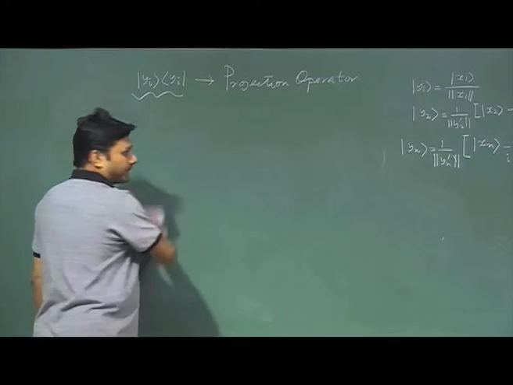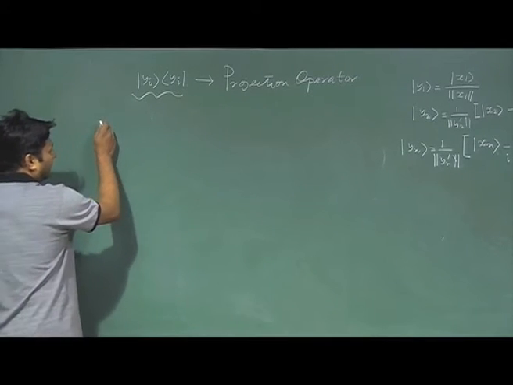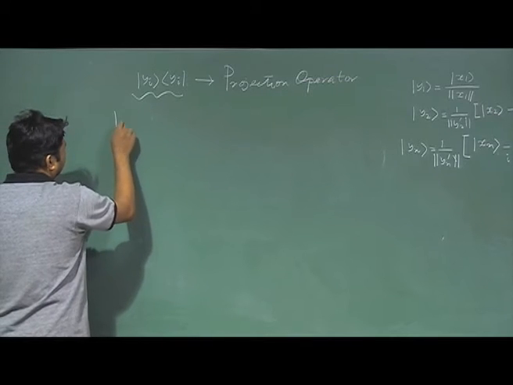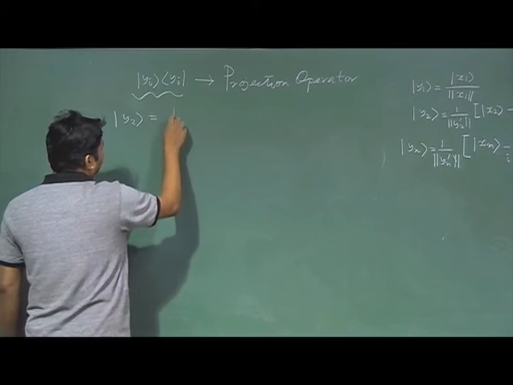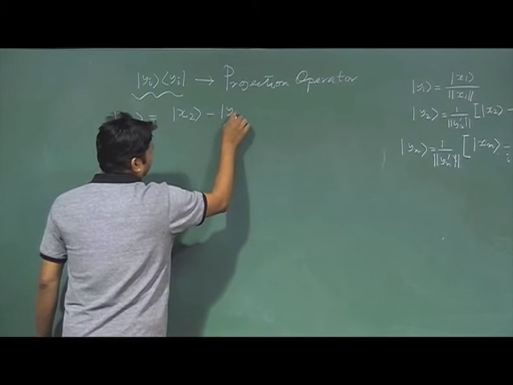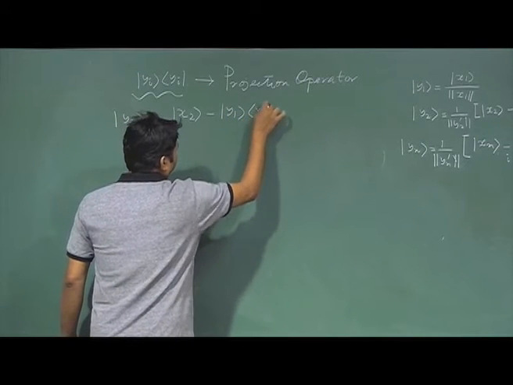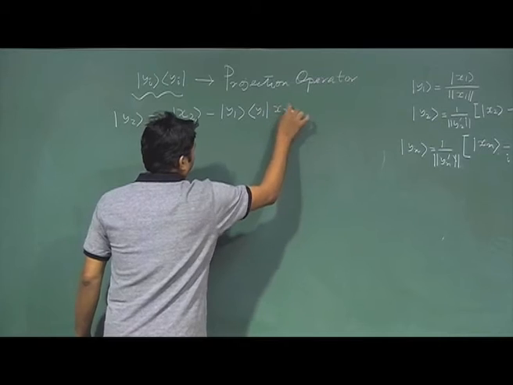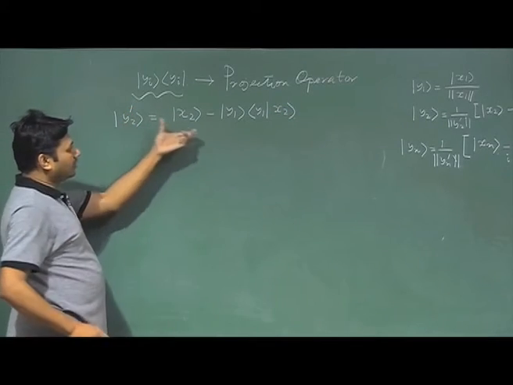So this equation was y2 prime equal to x2 minus y1 times x2. How to calculate the y2 prime?